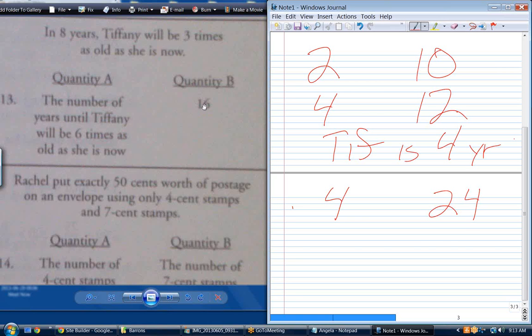In other words, if 16 years from now Tiffany was exactly 6 times older than she is now, then you could immediately say quantity A is equal to quantity B. And if it's not, we'll know whether this needs to be a bigger number or a smaller number. So it's very, very much like back solving. Okay.